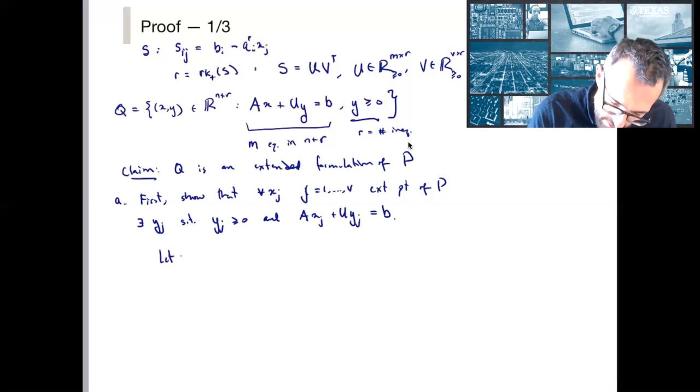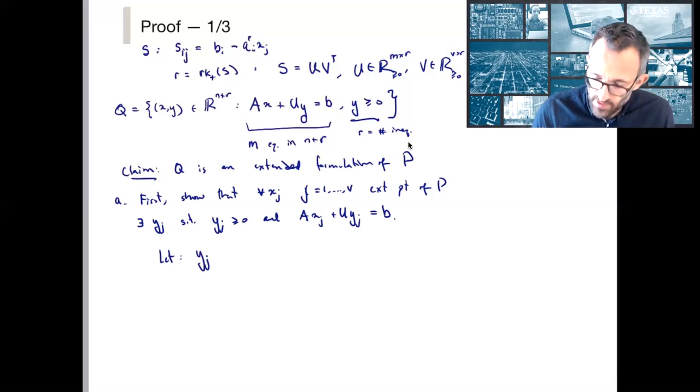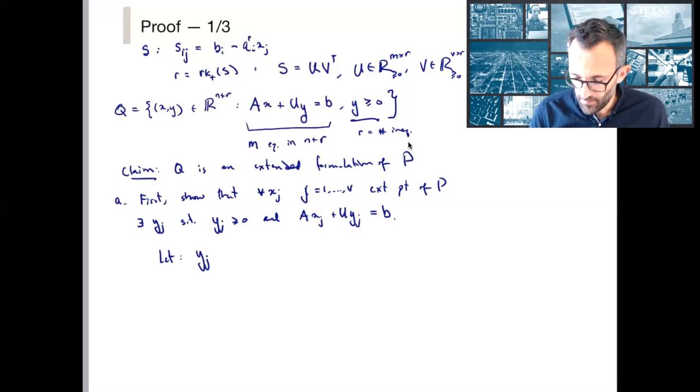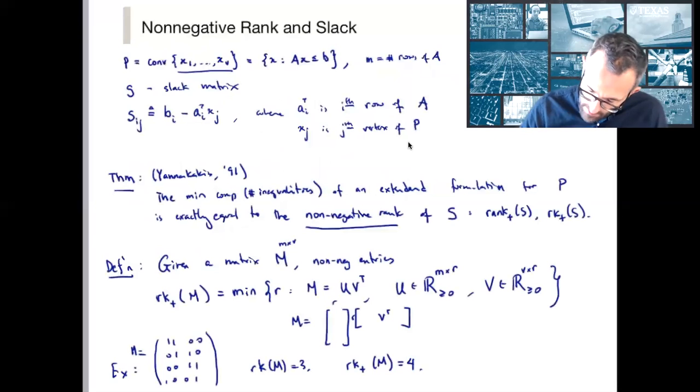We simply do this by letting yj be, and what are the dimensions of yj? yj is an r-dimensional vector. So what is yj pictorially going to be?